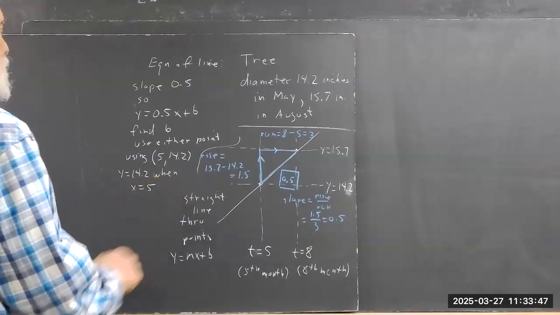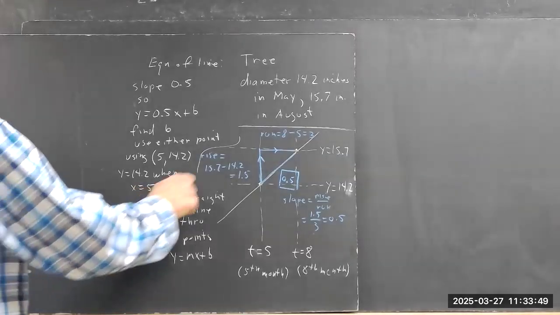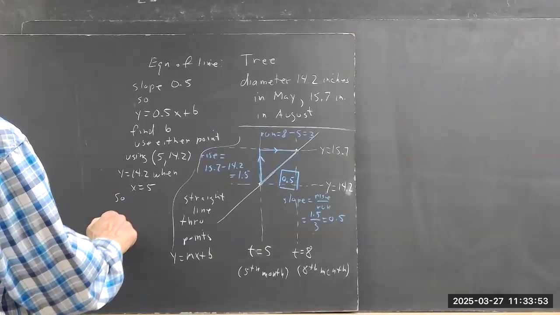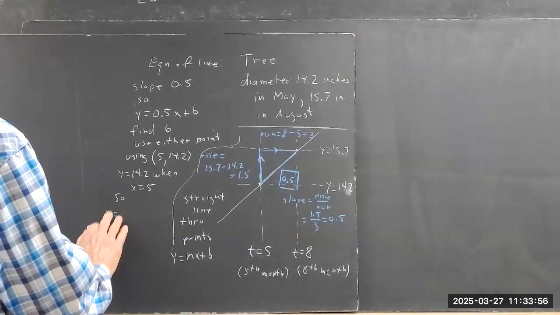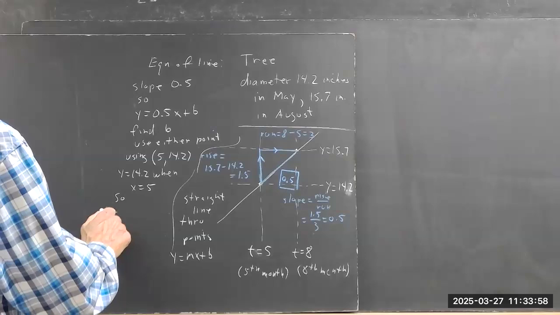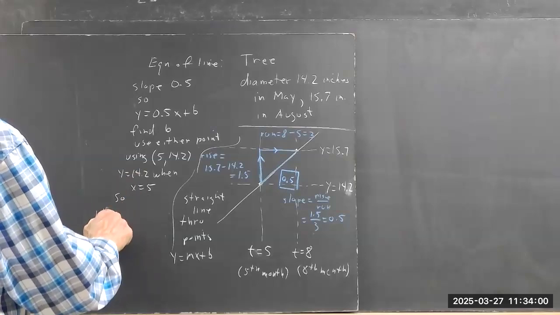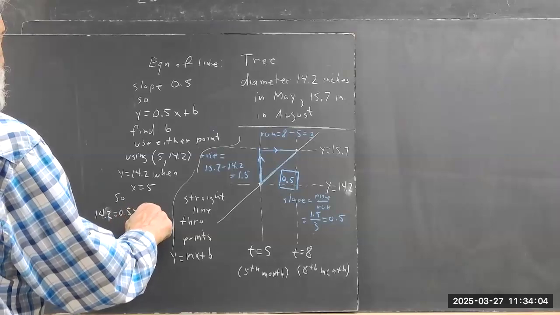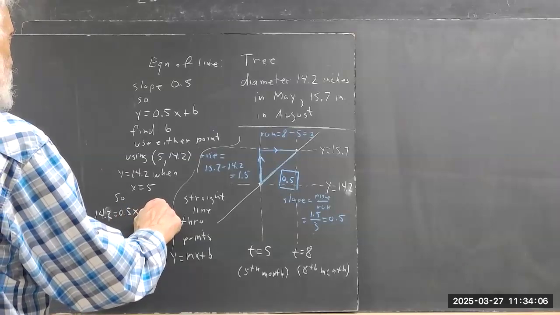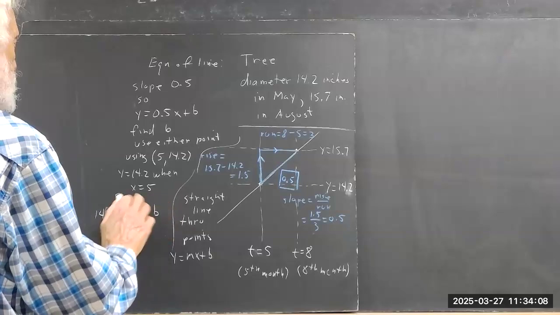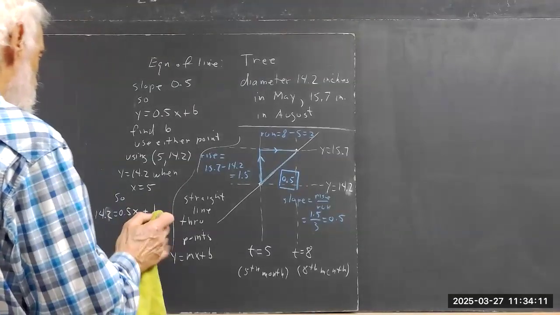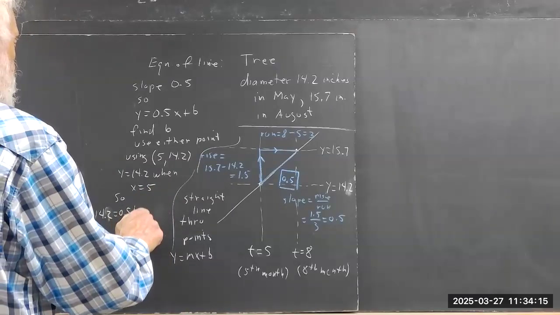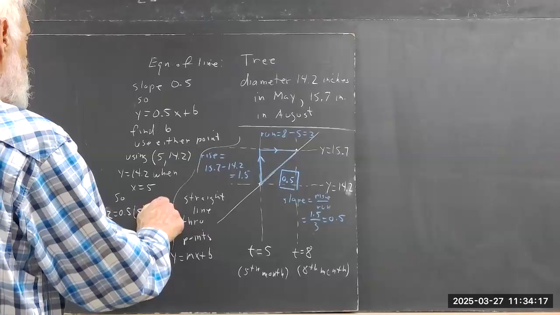When x equals 5. It's worth reminding yourself of that and writing something like this out. You get 14.2 equals 0.5x plus, sorry, it's kind of automatically right, x, so 0.5 times 5 plus b.